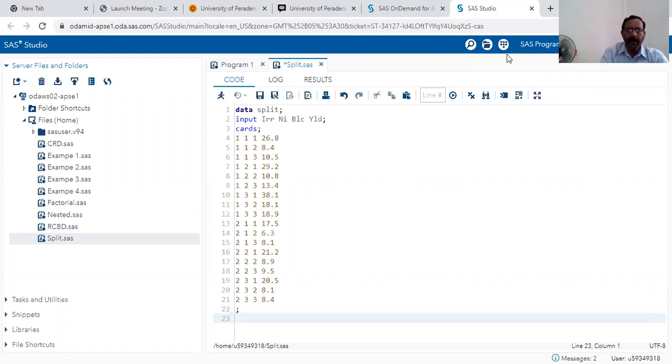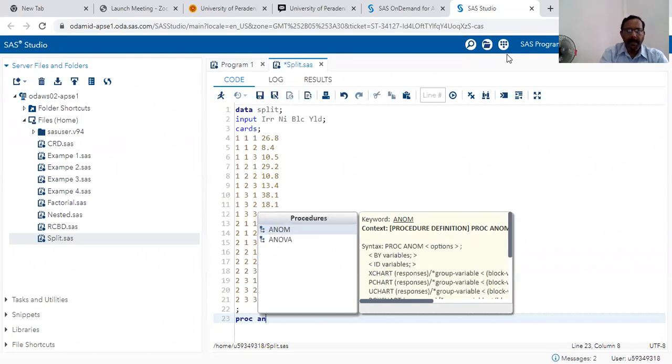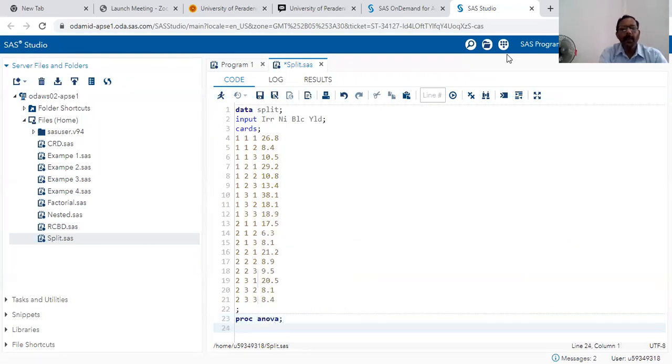Right. Now I will go further. Proc Anova, same kind of programming as we did for nested design, right? Proc Anova. Then we go for class, the classified variables. Can somebody tell me what the classified variables are?